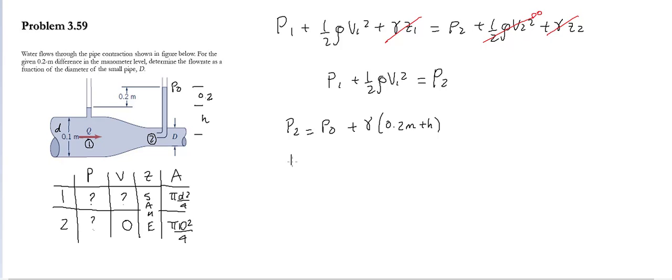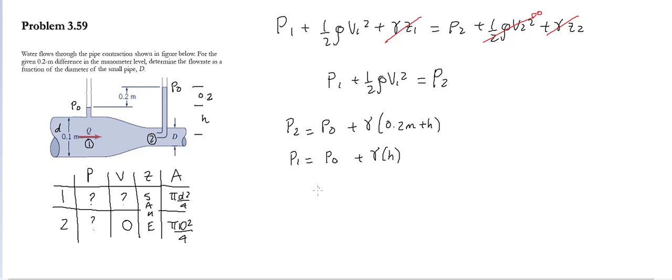Pressure 1 on the other side is also P0, atmospheric pressure, plus gamma times the dimension from here to here, which is equal to the same H that we substituted back there. So this is H. We're going to take these 2 values of pressure and substitute them in the original equation.